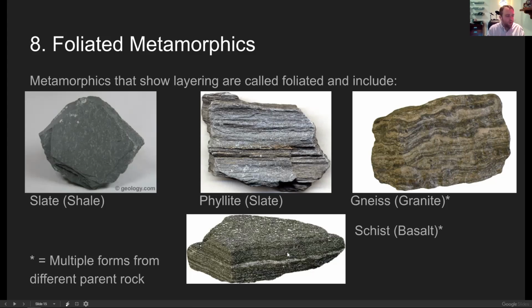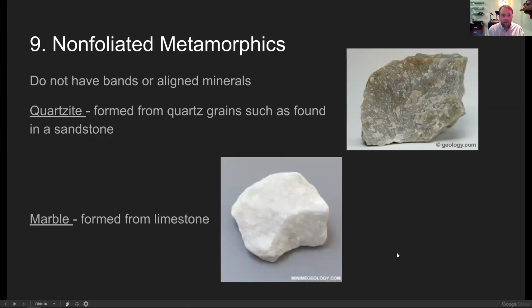And then the last one down here is a metamorphic rock called schist, again, which is a large category, can have multiple different types of parents. But in this case, this is from the igneous rock basalt. Non-foliated metamorphics, the two best examples I can give you are quartzite, which forms from sandstone, and marble, which forms from limestone.